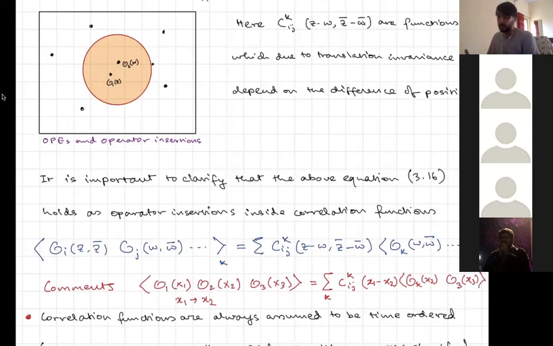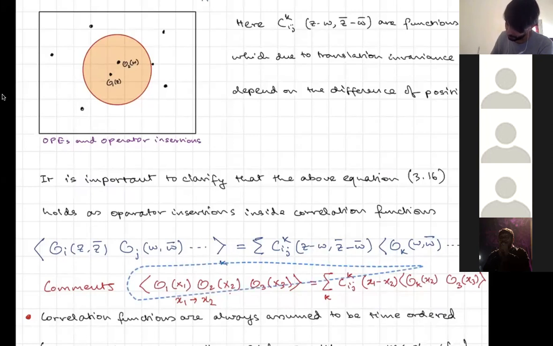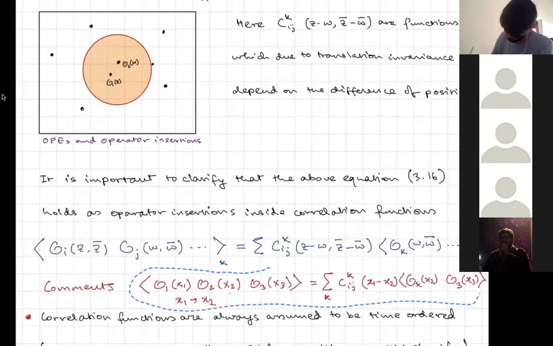So this is what the OPE does for you. When you take x1 and x2 close to each other, the pair is replaced by a string of operators at the point x2. The OPE makes sense when these are valid inside some n-point function, so whenever we speak of this, you need to keep this in mind.